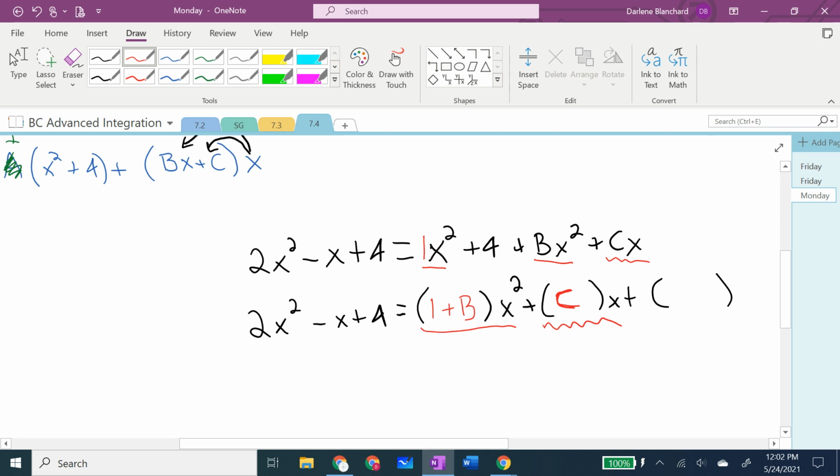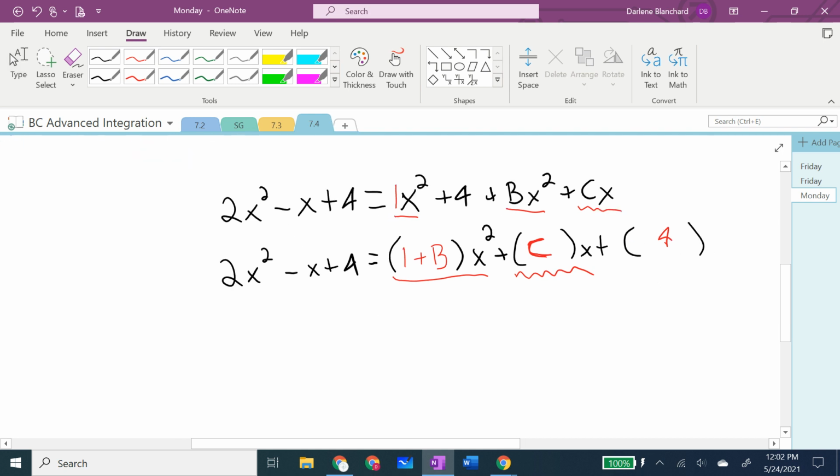And then what about a constant? And take a good look at how beautiful this is. Now I have 2 equals 1 plus b. Negative 1 equals c. And thank goodness 4 equals 4. Whew! That was a disaster possibility.